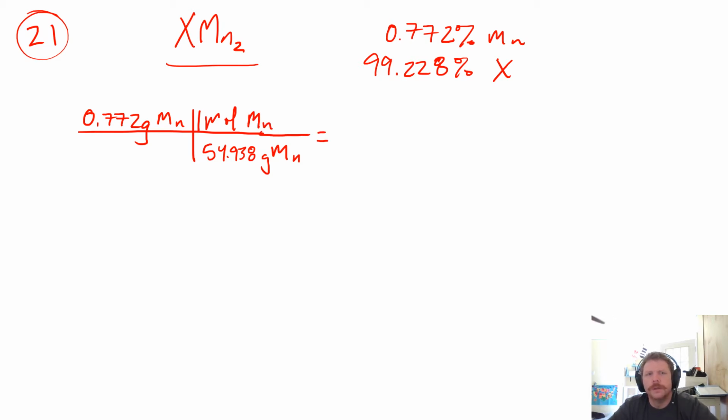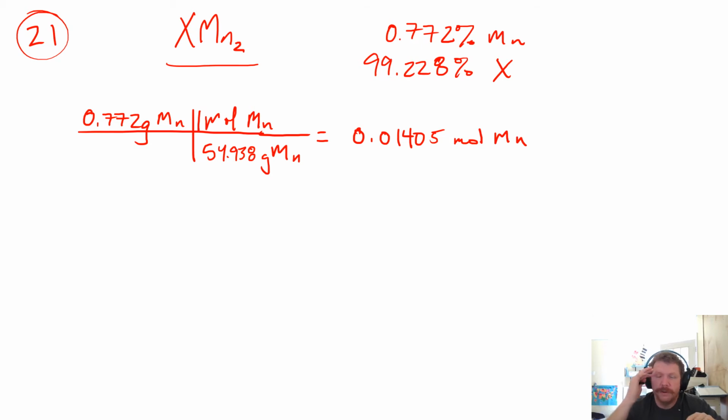Okay, so what I get here is 0.772 divided by 54.938 equals 0.01405 moles of Mn.